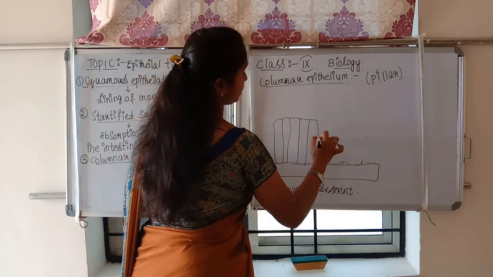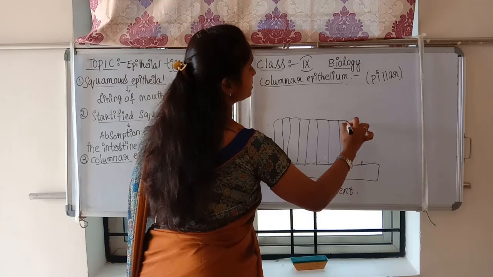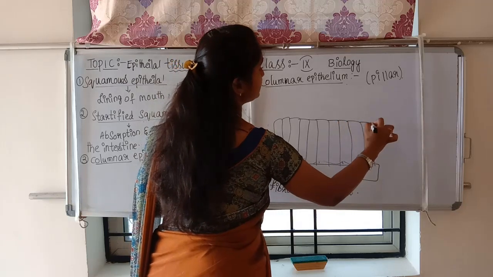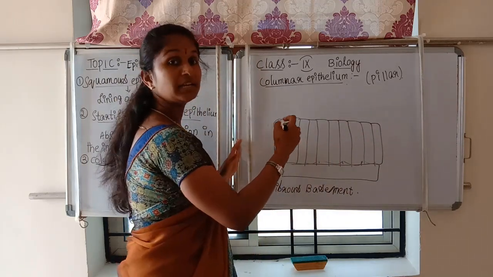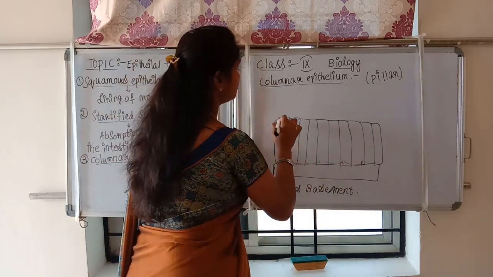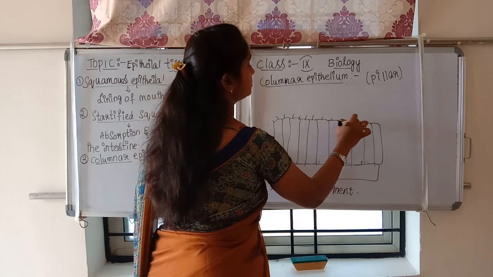It is too long, right? The squamous and stratified squamous are not having this much pillar-like projection, right? These are pillar-like projections, and to these some small hair-like structures are present.